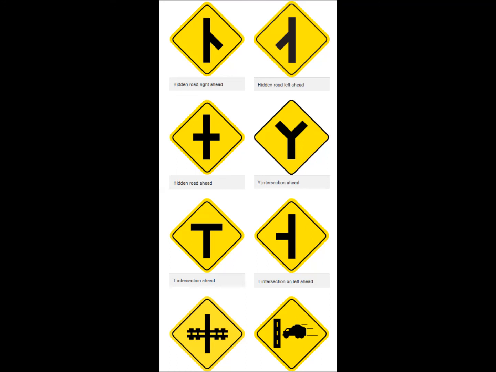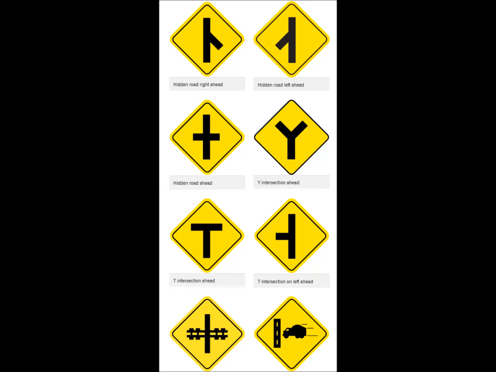In the center, a vertical rectangle. Going across it horizontally is a depiction of a railway. Railway crossing. Image description. A yellow rectangle with a black border. On the left, the depiction of a road. On the right, the depiction of a truck going fast. Trucks entering from right.